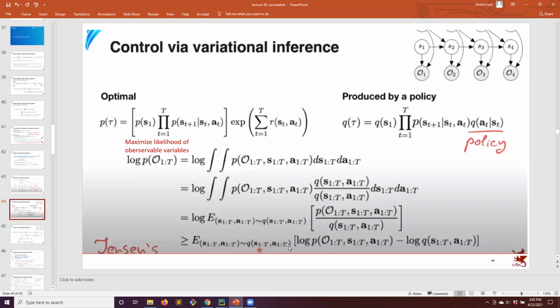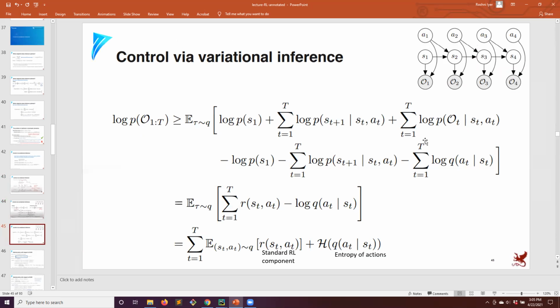This part here is just rewritten in this way, and many of these terms again cancel out. So it's these two terms, and we have this, which is very similar to what we had seen earlier, where in this form we again define this log of q to be this H function. So this is again the standard RL component, and this is the entropy of the actions.